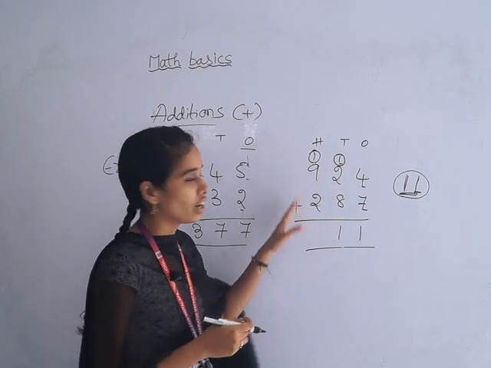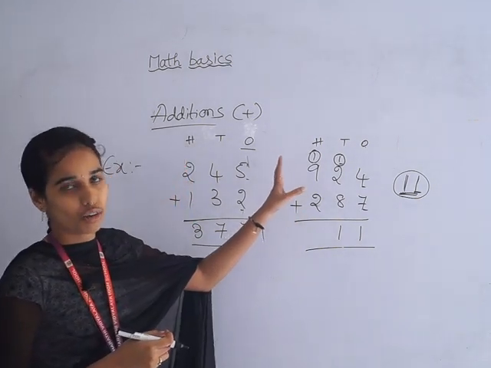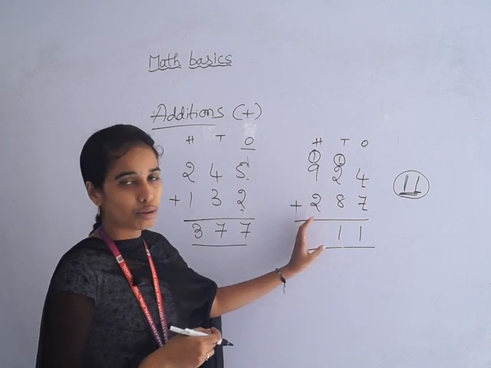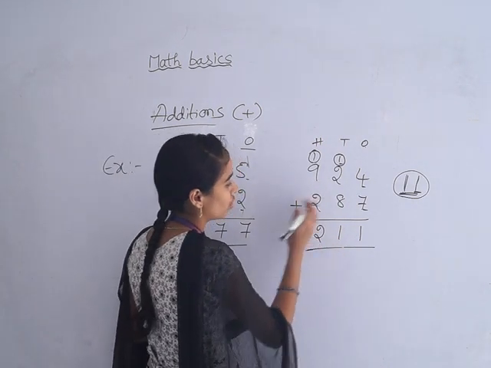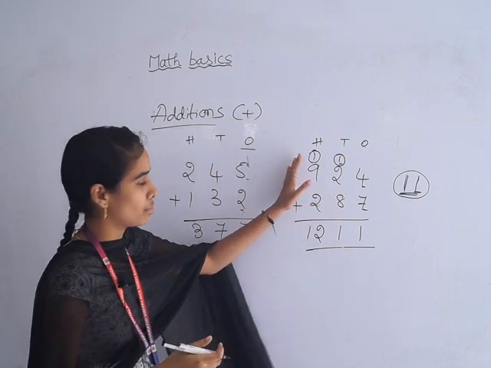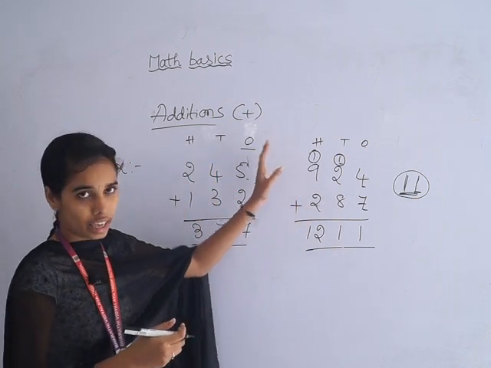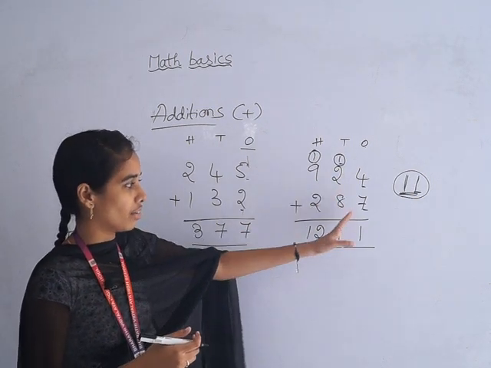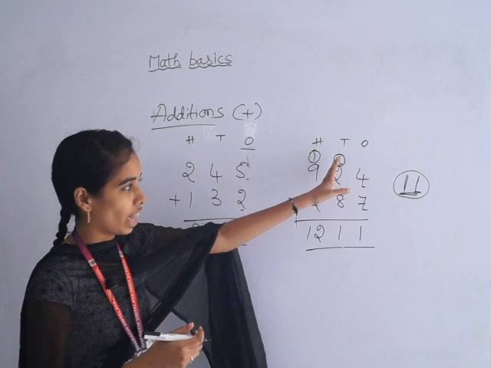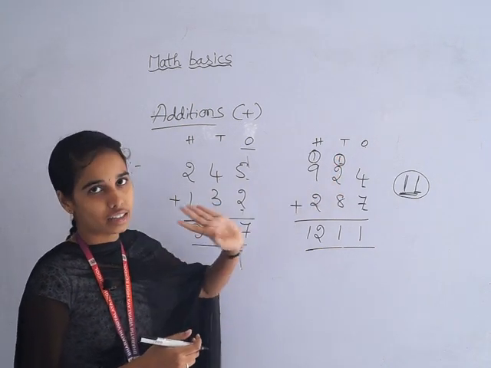But here we don't have any numbers to carry forward, so directly you have to write the answer here. That is 12. Like this. If you don't have any numbers here, you have no need to carry forward. Just directly write the answer here. If you have an extra place value to carry the number, you have to carry the number.